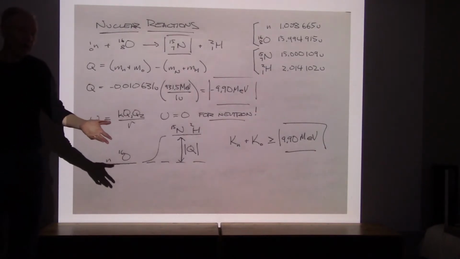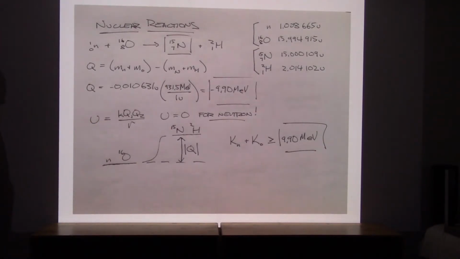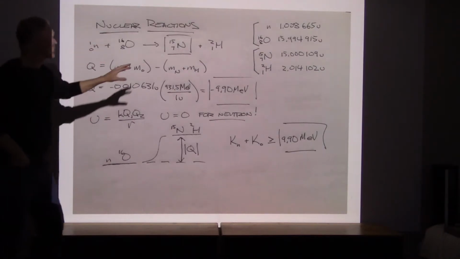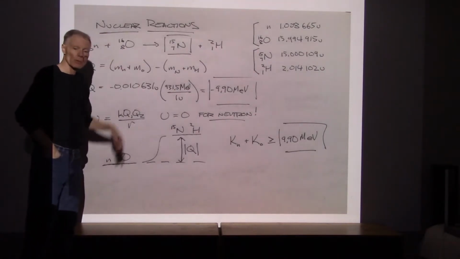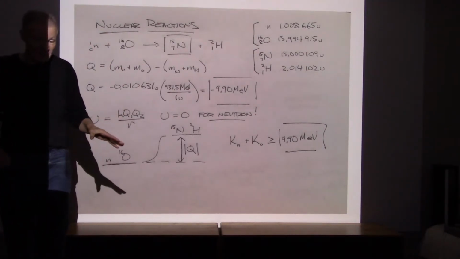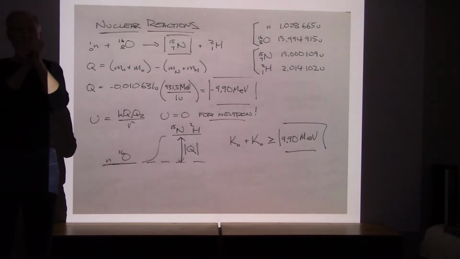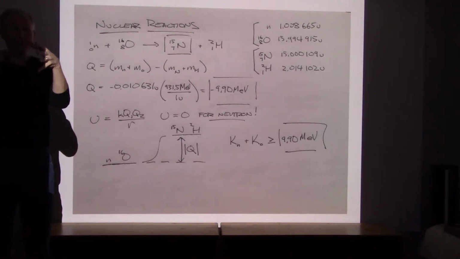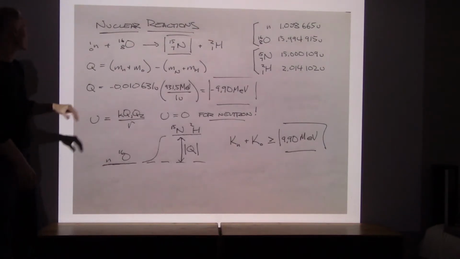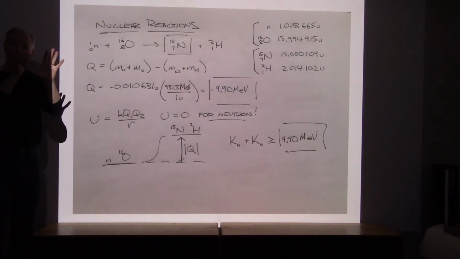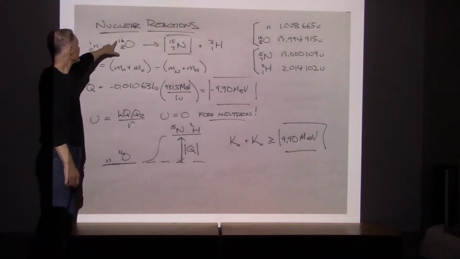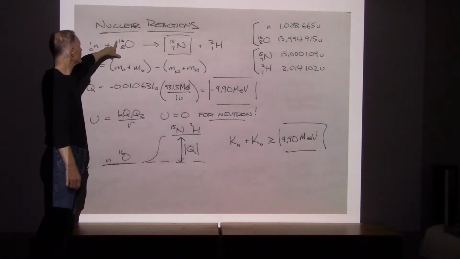That's the most common isotope of oxygen. So we're going to start off with this bundle of protons and neutrons: an oxygen-16 nucleus, 8 protons, 8 neutrons, all overlapping each other in their wave functions in the nucleus. And then one more neutron comes in, and that makes it oxygen-17.